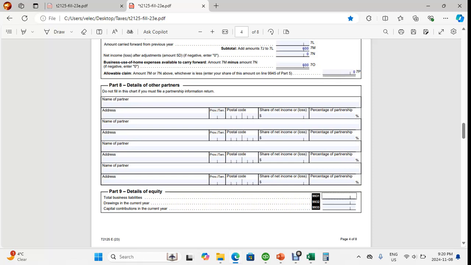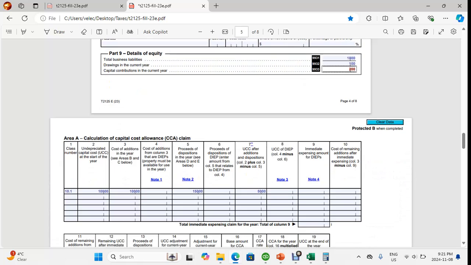Let's say this will be $1,000. Your drawings, let's say 100, and your capital contributions in the current year, so whatever you added to your capital, let's say $200. So that is basically part 9 for you.